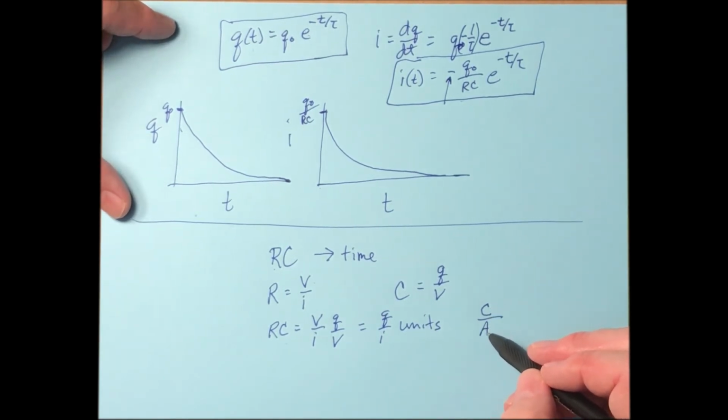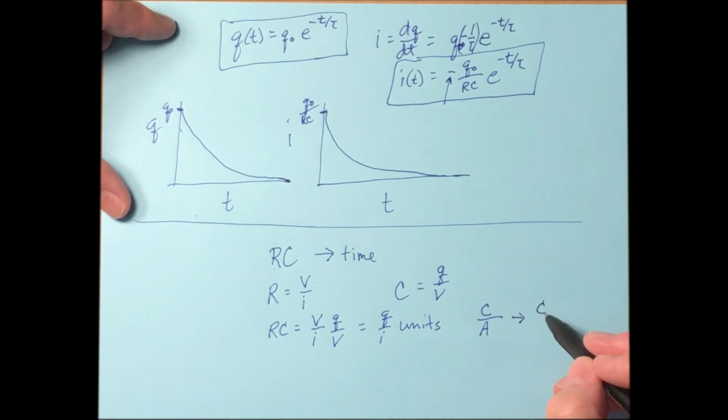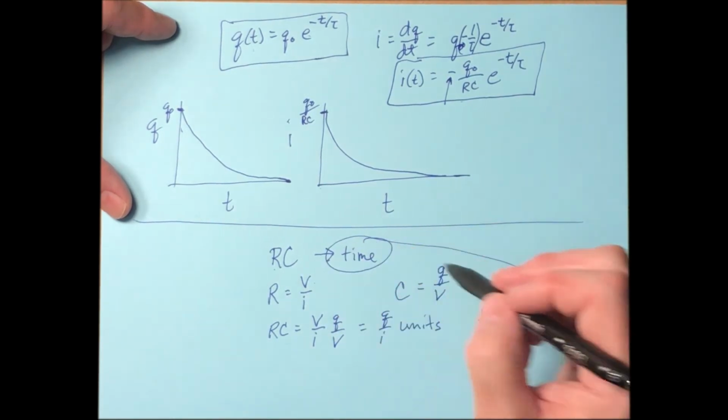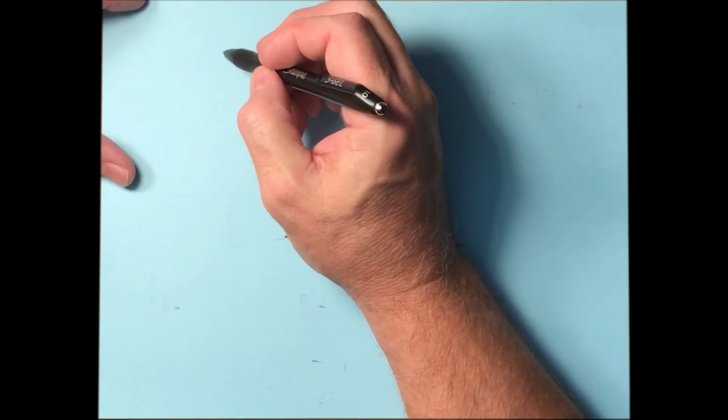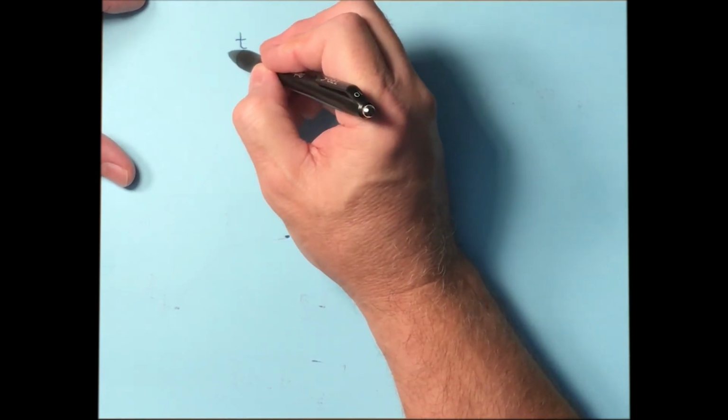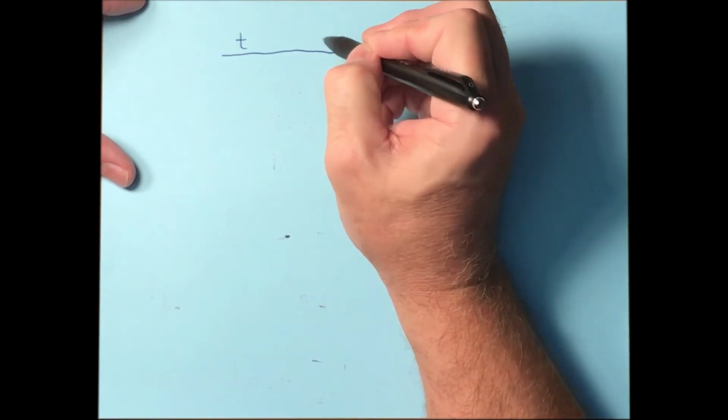So a coulomb per ampere. But what was that? An ampere is a coulomb per second. So what happens? The coulombs cancel, and we're left with 1 over 1 over seconds, which is just seconds. So this does turn out to be a unit of time here. It controls how rapidly the decay occurs.